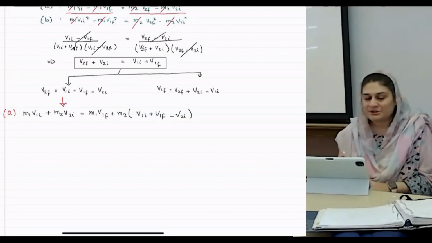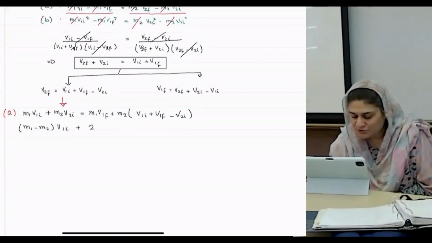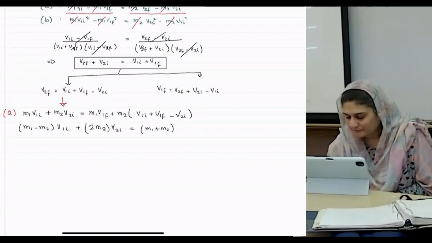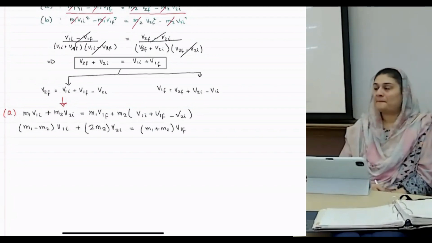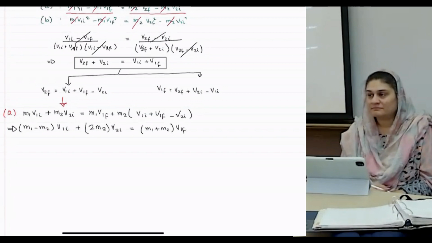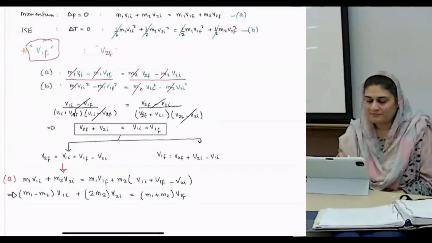May I rearrange everything to give me M1 minus M2 times V1I plus 2M2 V2I equals M1 plus M2 times V1F. I just moved a few things around, matched up the VIs, and what was I looking for? V1F, remember? That's what I wanted.